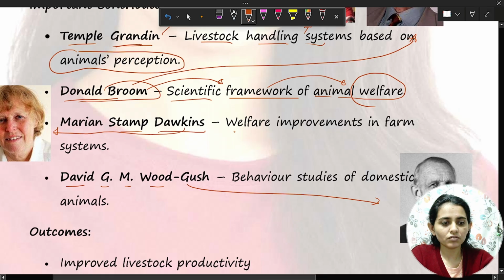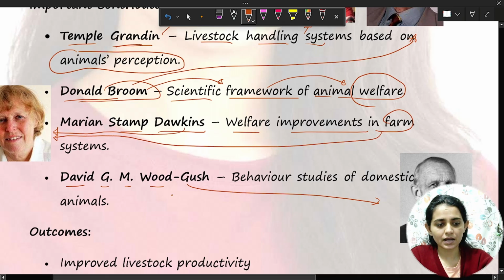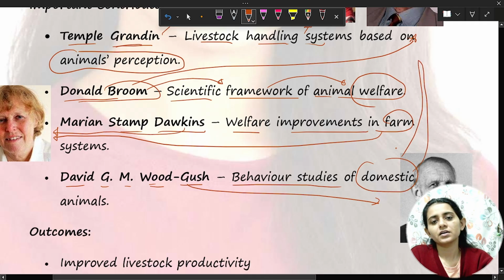Dawkins worked on welfare improvement in farm systems, and Wood-Gush did behavioral studies of domestic animals. So all three are basically ethologists doing domestic animal behavioral observation.